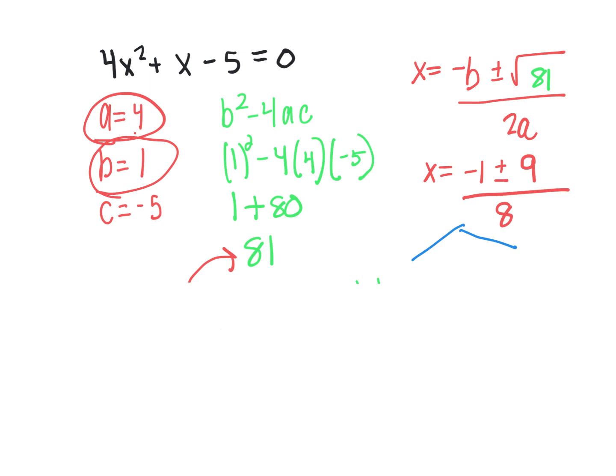Our first part is going to be x is equal to -1 plus 9 divided by 8. So I'm going to have x equals -1 plus 9, which is going to give us a positive 8. And 8 divided by 8 will give us x is equal to 1.